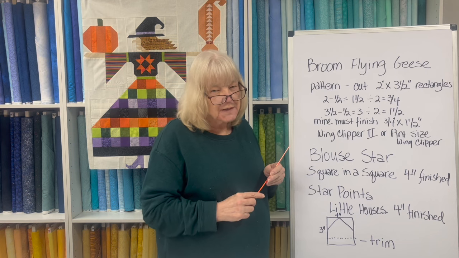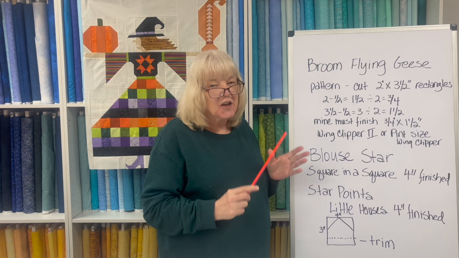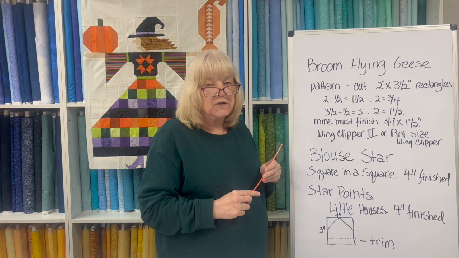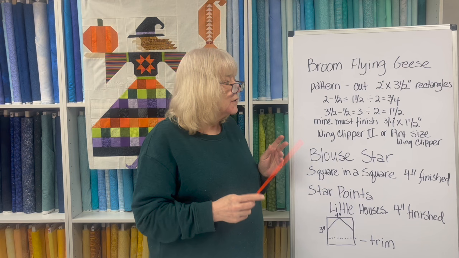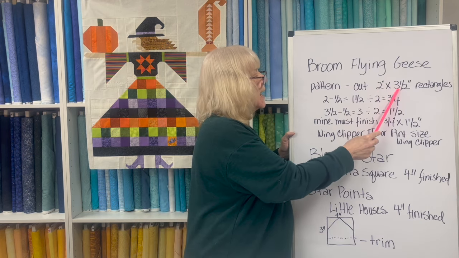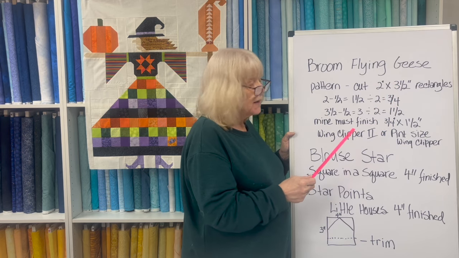Although, as small as I was making them, you're not wasting a whole lot. I just like the fast flying geese method of 1 large square and 4 smaller squares to make 4 flying geese. So once I see 2 by 3.5, I know what size flying geese I'm trying to make.